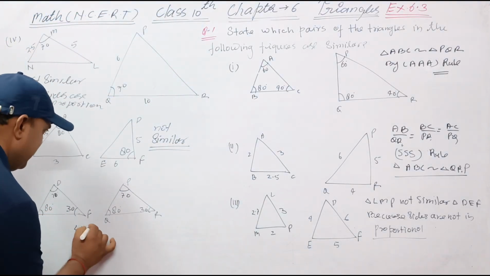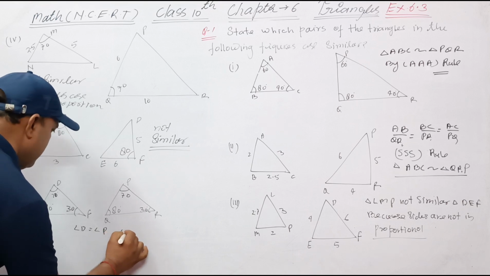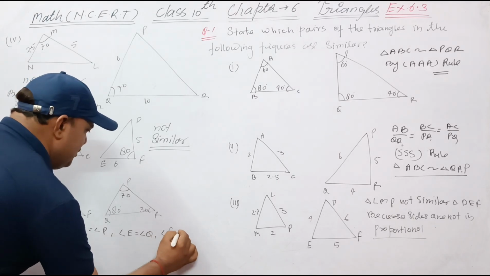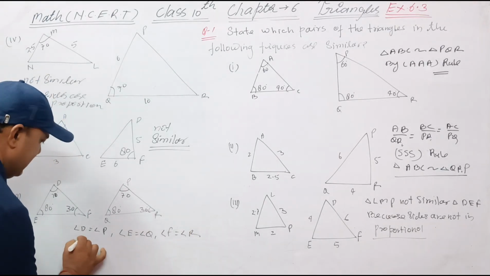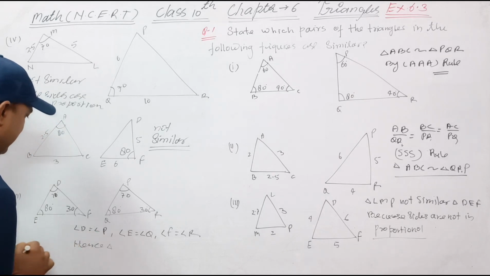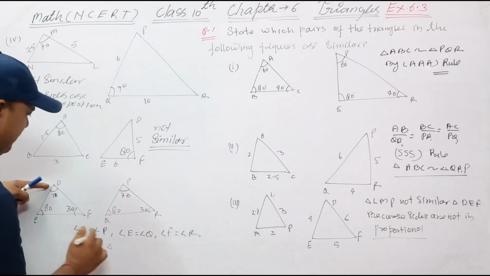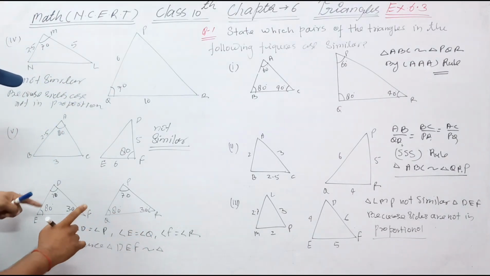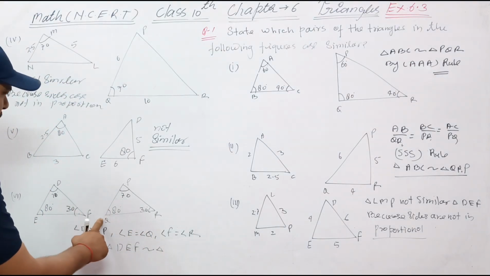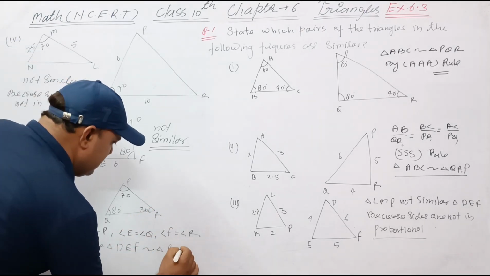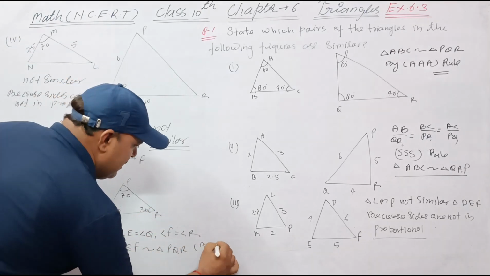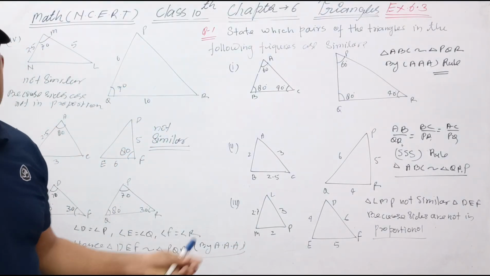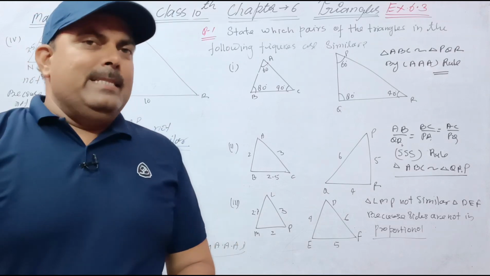Hence, angle D is equal to angle P, angle E is equal to angle Q, and angle F is equal to angle R. Hence, triangle DEF is similar to triangle PQR by the AAA criterion rule. I hope you have understood this question.